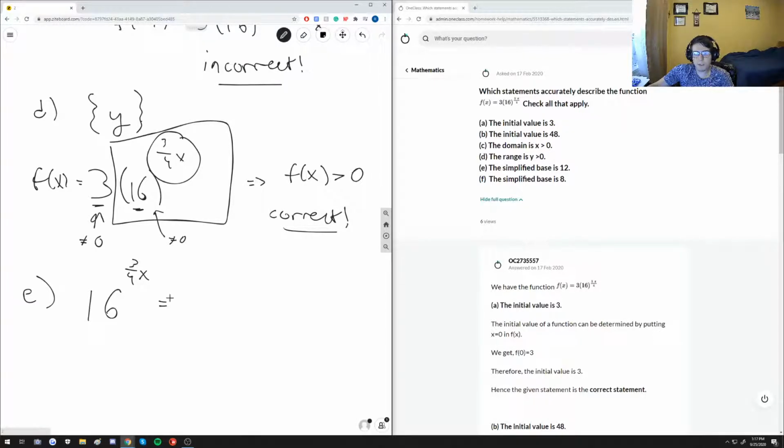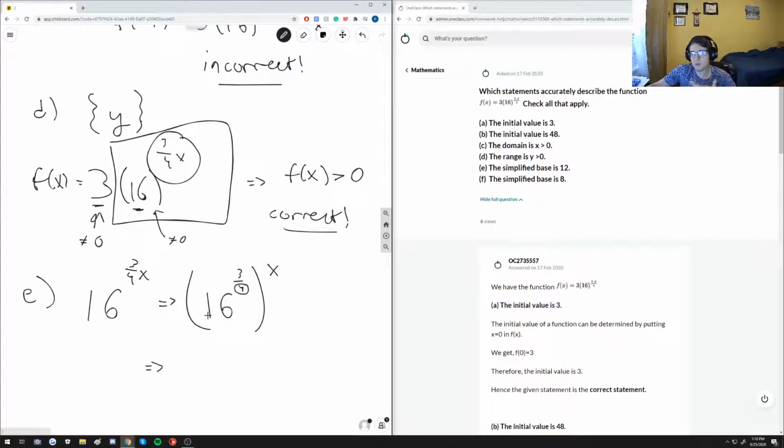We can use properties of exponents, and we can say that this is the same thing as 16 to the 3/4 to the x power, because whenever you raise an exponent to an exponent, you end up multiplying them, and 3/4 and x in this case are a product. So now we just evaluate 16 to the 3/4, and whenever you have a fraction exponent, you take the nth root, so the denominator acts as your nth root.